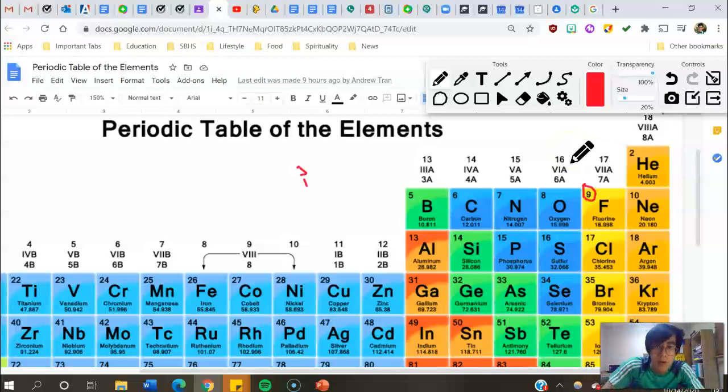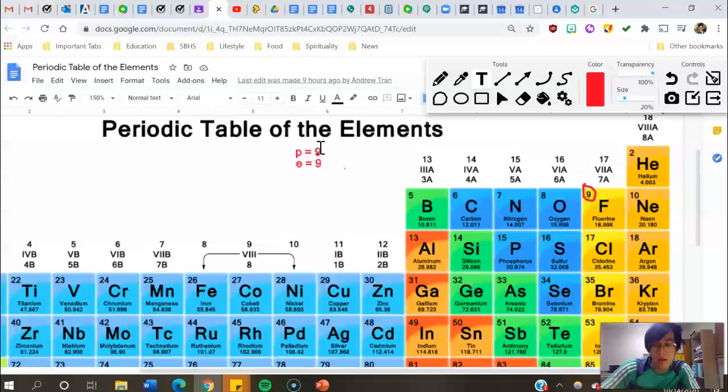So it has 9 protons. Let's use a text box: P is equal to 9. And that's the same number as my electrons, so let me draw a text box right here. E is also equal to 9.